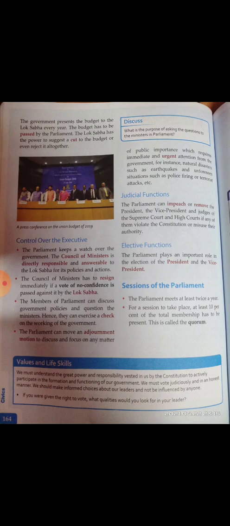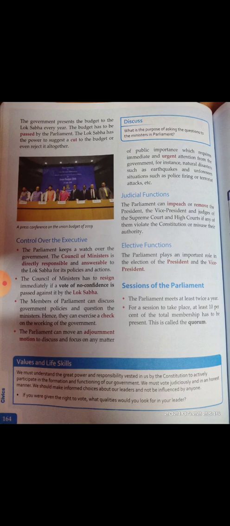Okay. Next, session of the parliament. Session means meetings. The parliament meets at least twice a year. For a session to take place, at least 10% of the total membership has to be present. This is called quorum.